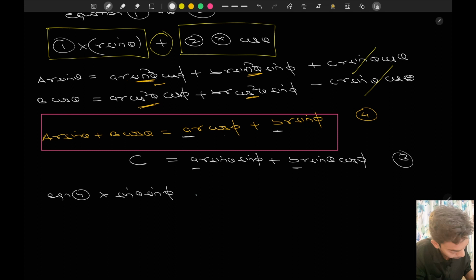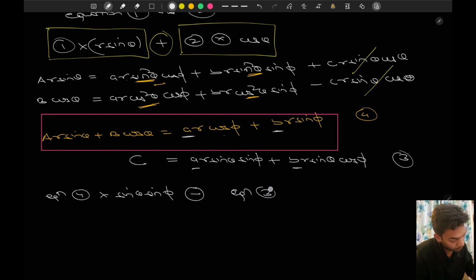Then I need to subtract my third equation, number 3, multiplied by cos phi, because if I multiply my equation 4, this term would be cos phi sin theta sin phi, and this term when I multiply by cos phi will be sin theta sin phi cos phi, and if I subtract those two equations, they would cancel out, right?